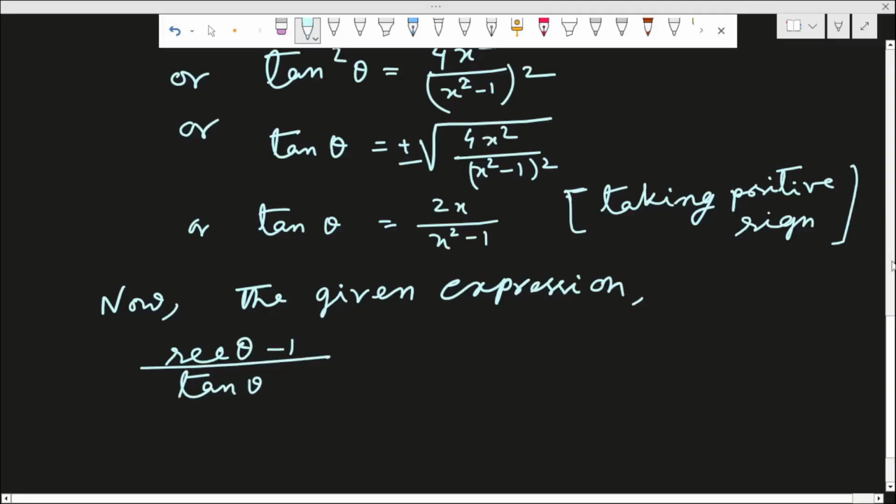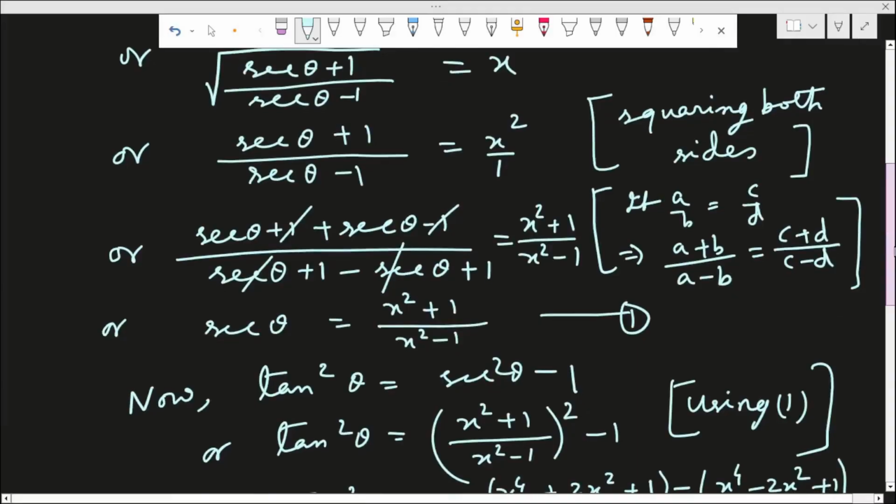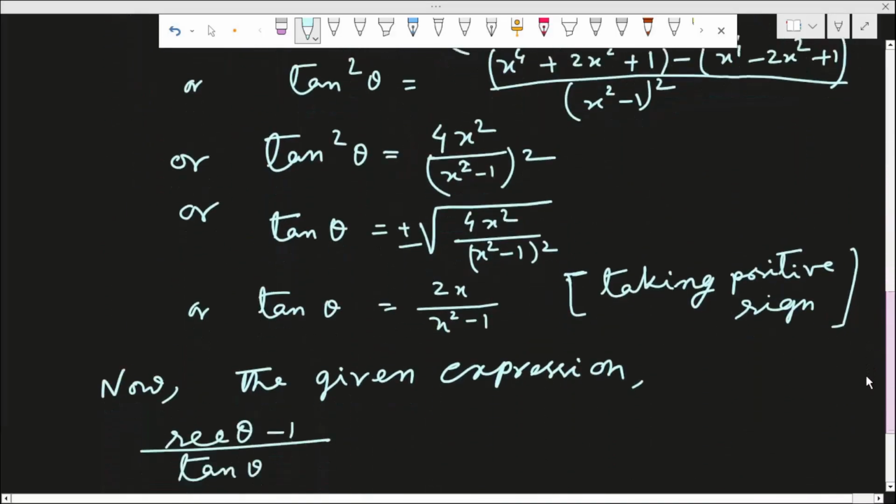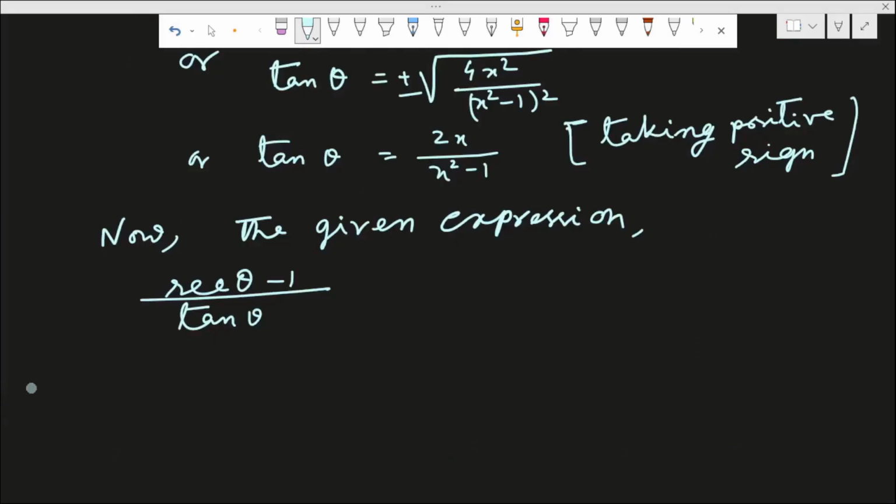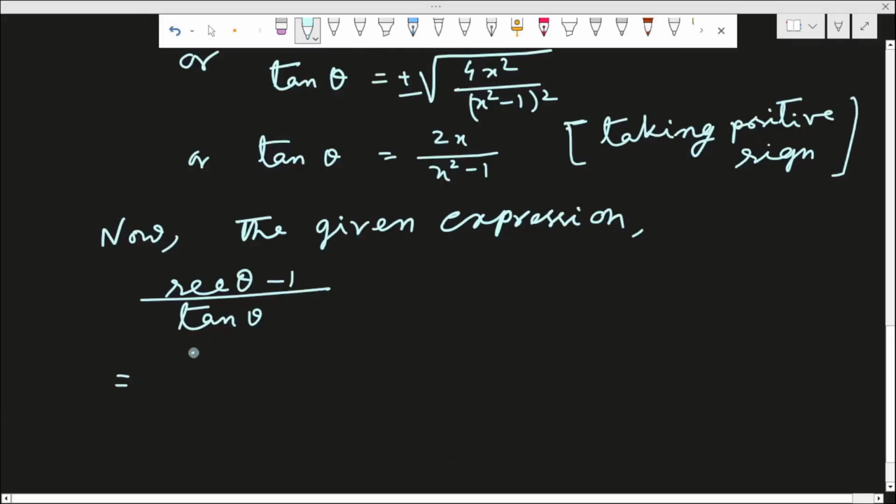We have found sec theta is x square plus 1 by x square minus 1 and tan theta is 2x by x square minus 1.